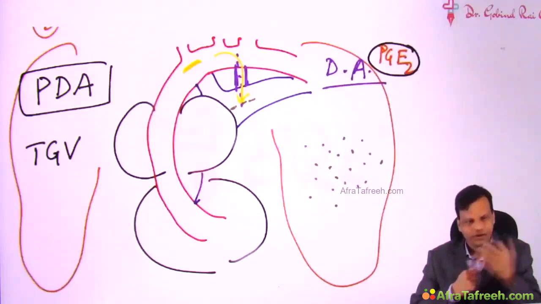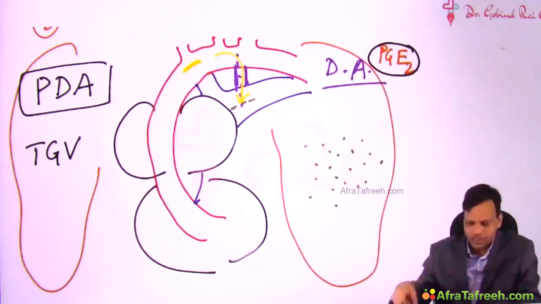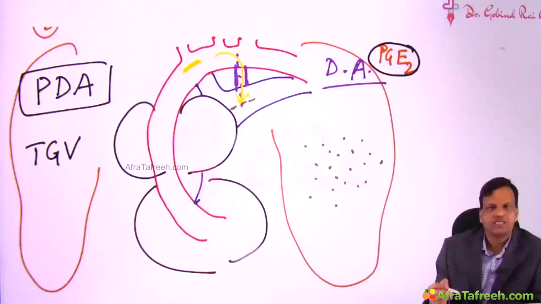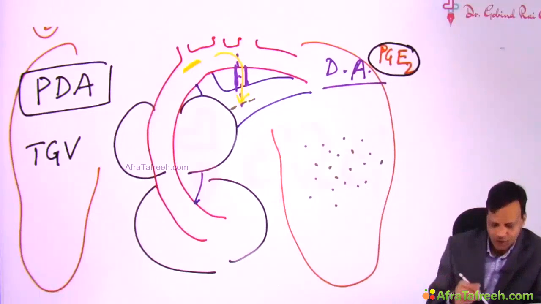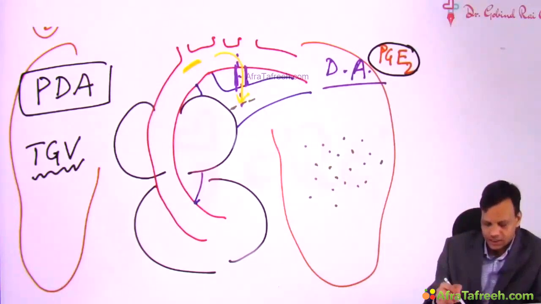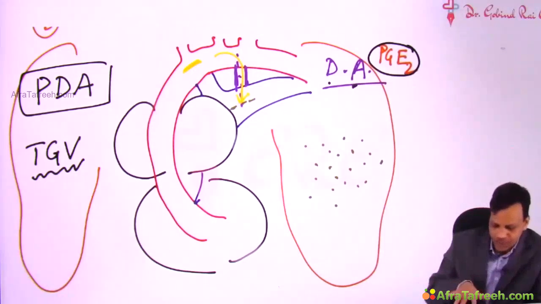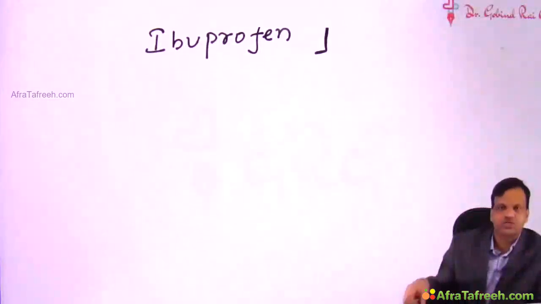But when we cut one vessel, we want the ductus to remain open so that the blood can shift into the other vessel and problems in surgery do not occur. So till the time we are doing the surgery of TGV, the ductus should remain open. But normally the ductus arteriosus will close. So here we want to keep the ductus open, and for that we have to give prostaglandins.